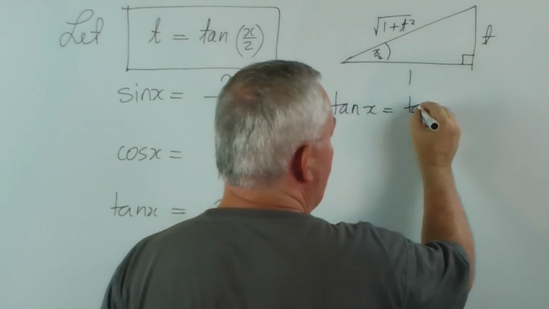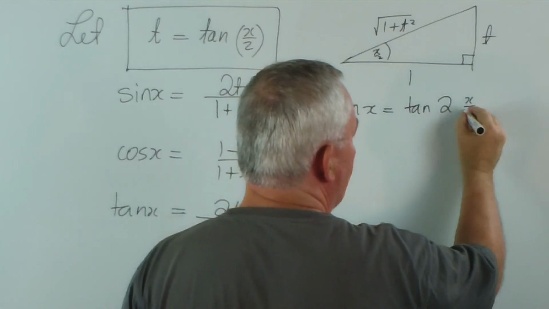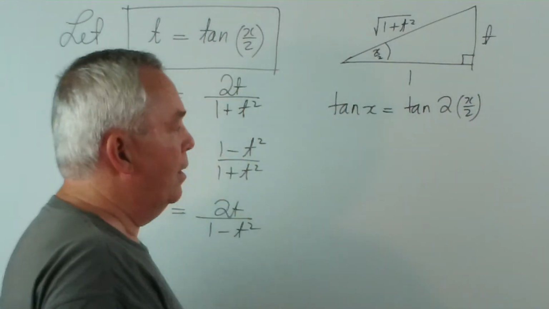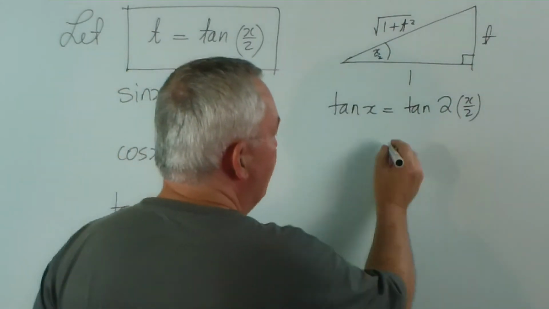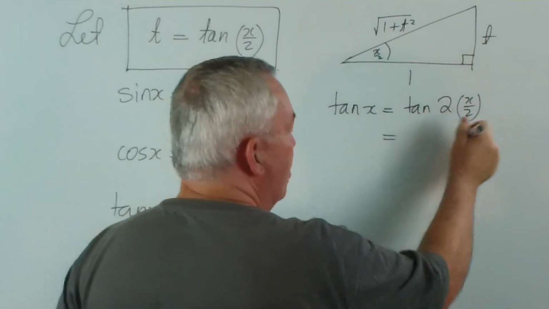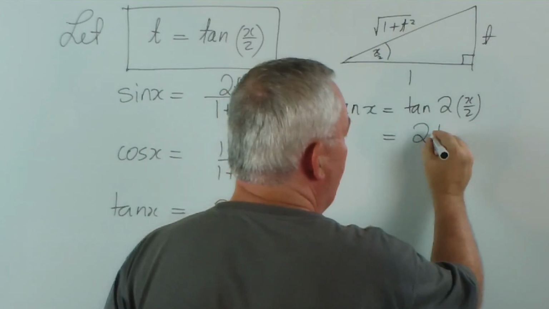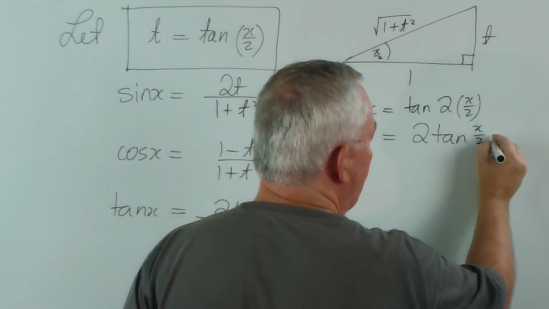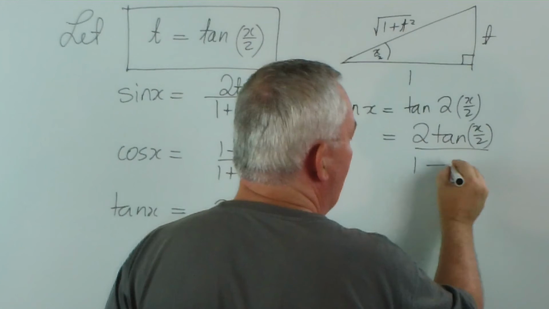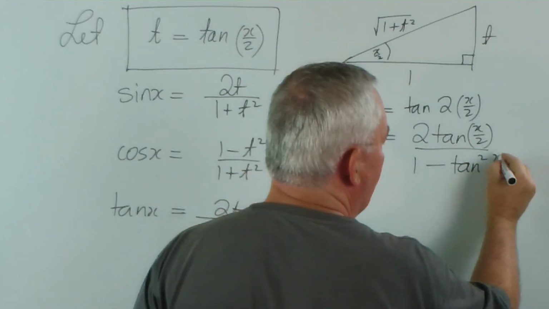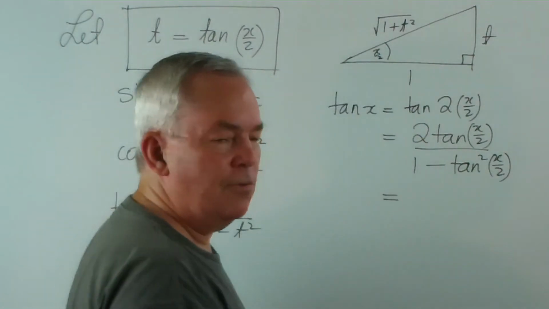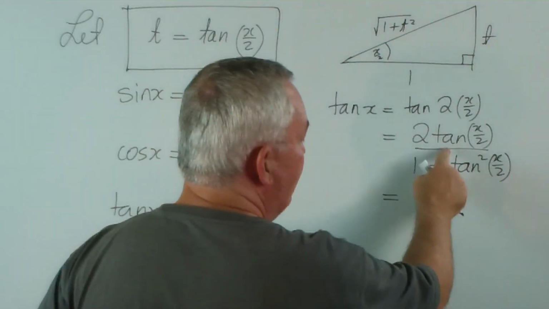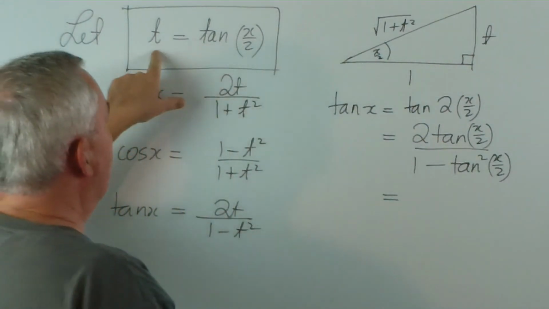Tan of x is going to be tan of 2 lots of x on 2. And by doing this, it now means we can use our double angle formula. And tan of 2 theta is 2 tan, whatever the angle is, over 1 minus tan squared, whatever the angle is. And this is very quick because already we have tangents and we know that tan x on 2 is t.